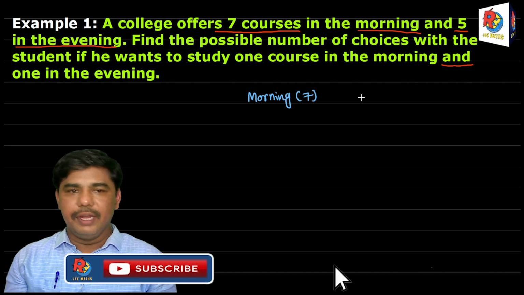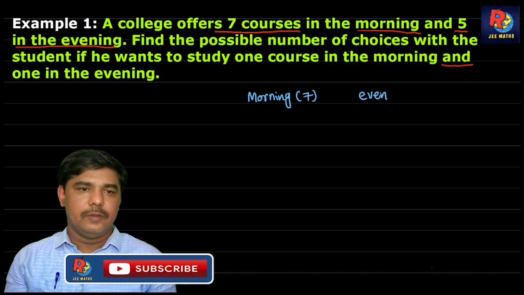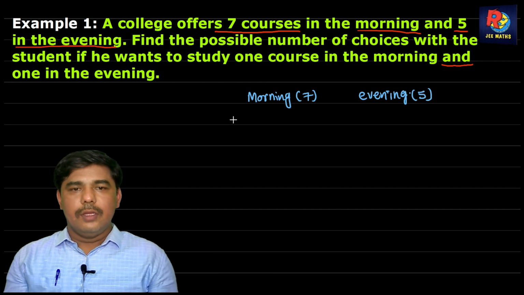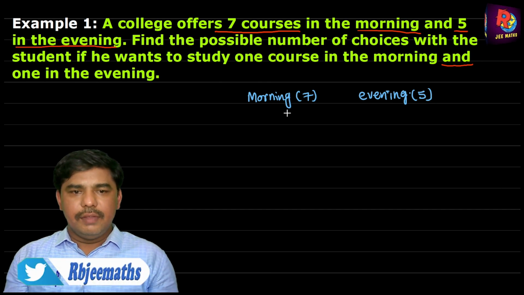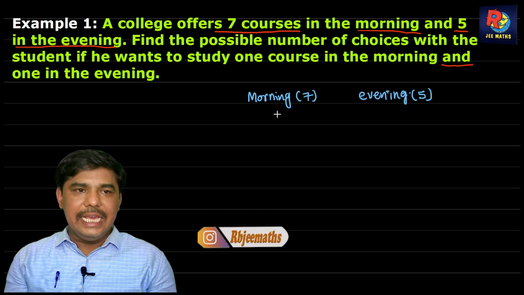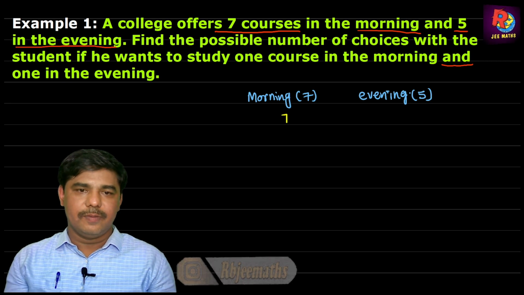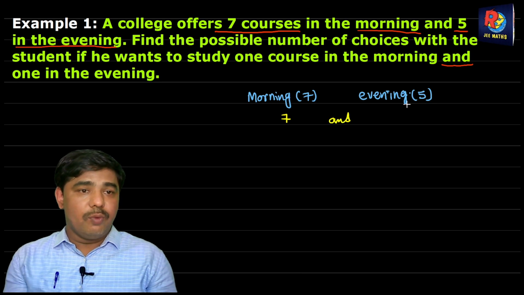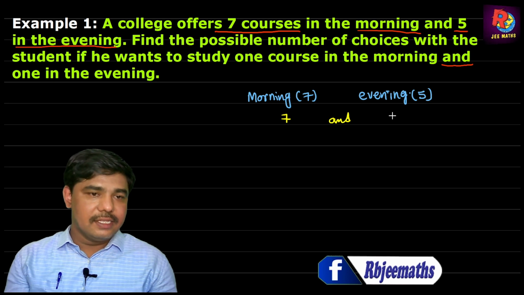And in the evening, 5 courses are there. So if the student wants to join in the morning, he has 7 choices, and if the student wants to join in the evening, he has 5 choices.